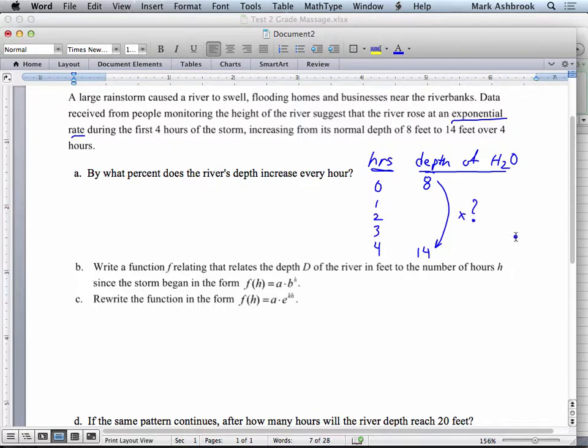So which growth factor would that be? The 4-hour growth factor would be the multiplier on 8 that would give you 14, which would be 14 over 8, 1.75. So 1.75 is the multiplier on your output at 0 that would give you your output at 4, so that's the 4-hour growth factor.